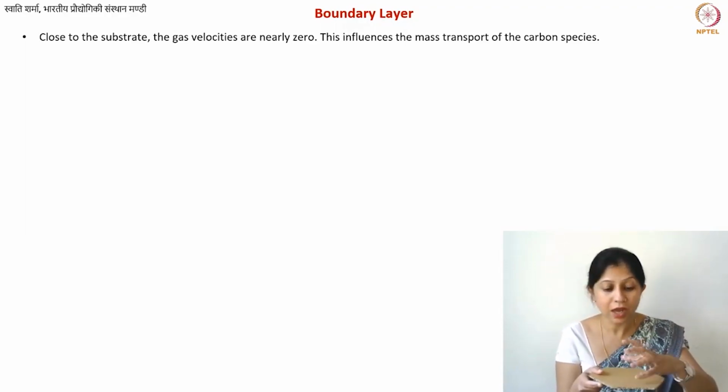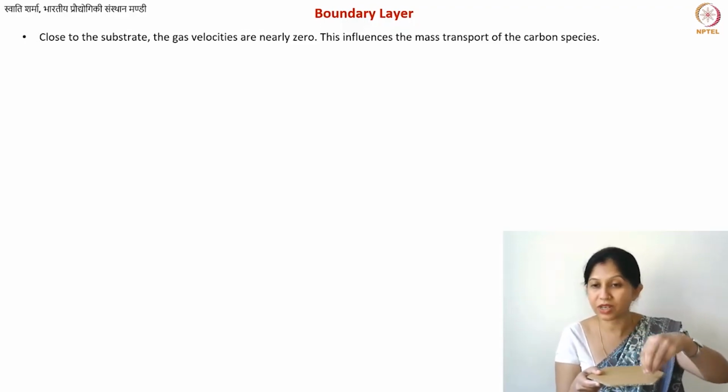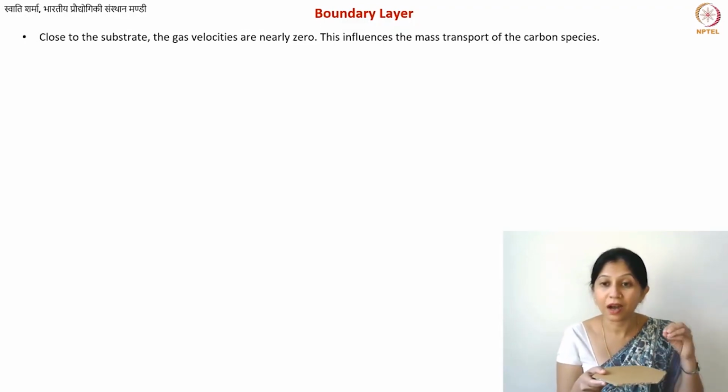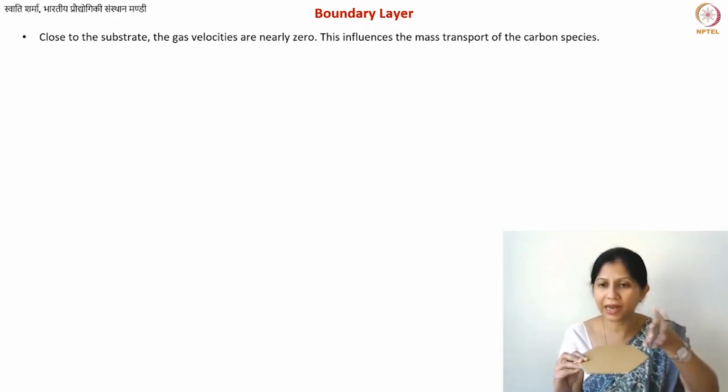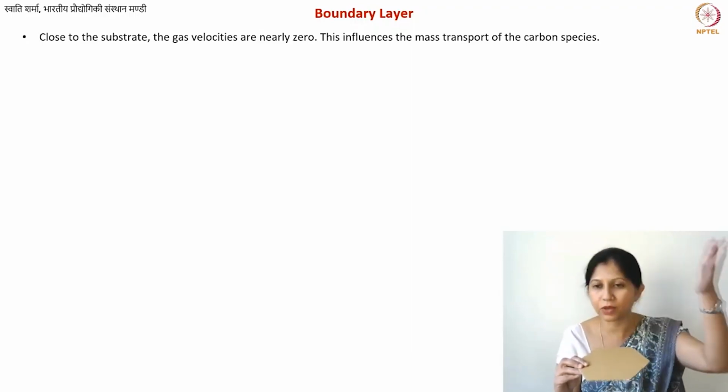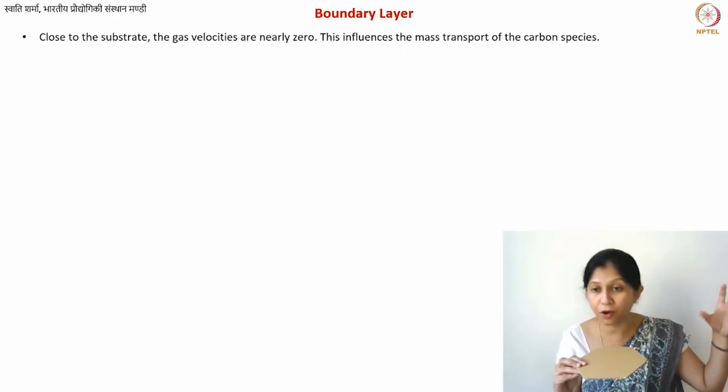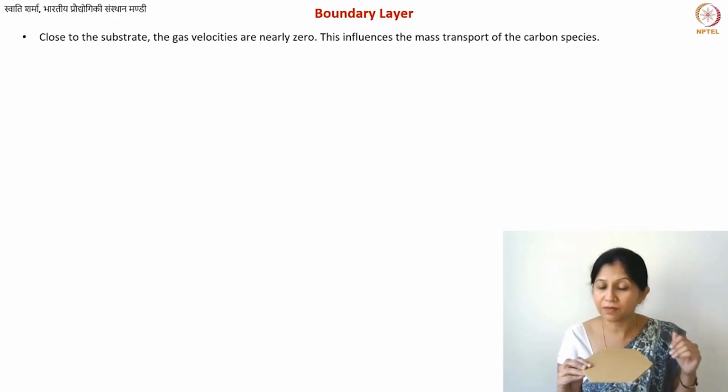Zero, because you're very close to the substrate, and on top of the substrate you're getting your solid particles deposited. So that is where you have the velocity zero. But as you move up, the velocity rapidly increases, and at some point it becomes equal to the velocity or the flow patterns inside your entire chamber.